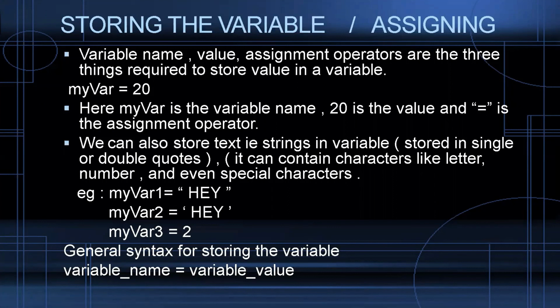We can also store text, that is strings, in a variable. It can be either in single or double quotes. It can contain characters like letters, numbers, and even special characters. For example, we can see myvar1 = "hey" in double quotes, that is a string. myvar2 = 'hey' in single quotes, that is a string. myvar3 = 2, that is a number.